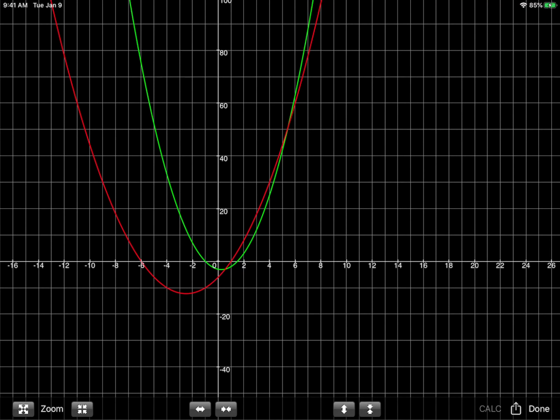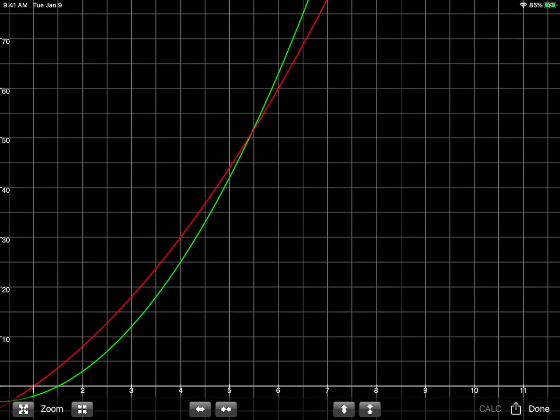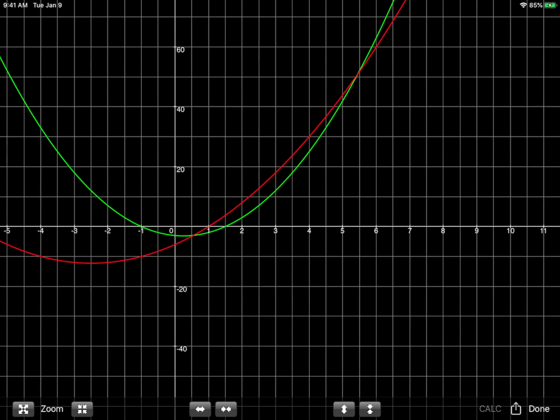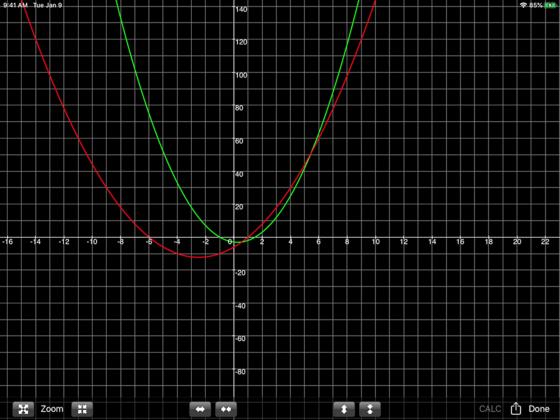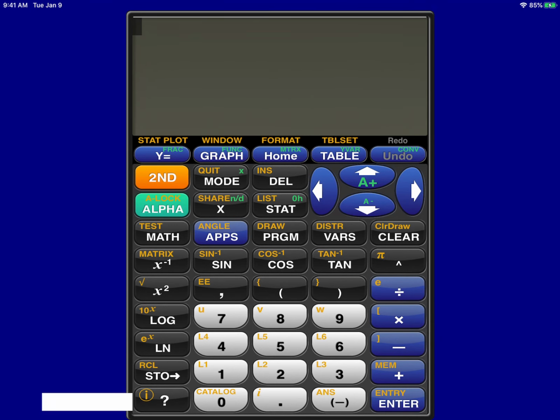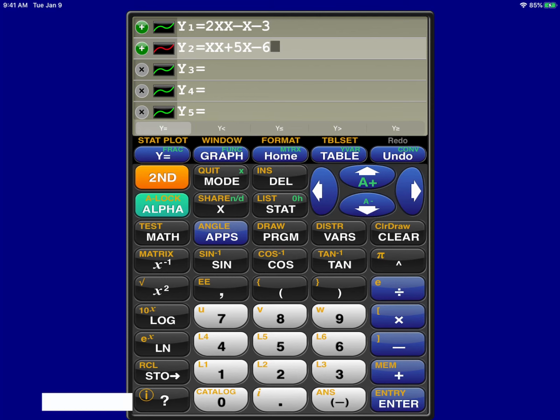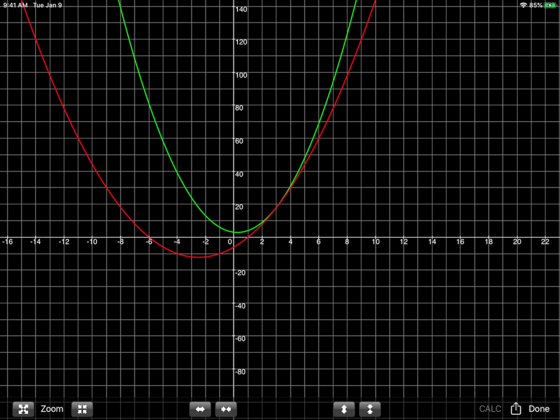We have, okay, there's one intersection, but it's saying there's 2 intersections. Let's double check that we put this in correctly. 2x squared minus x plus 3. There's my mistake right here. Okay, there it is.